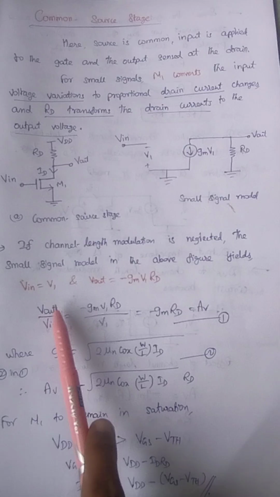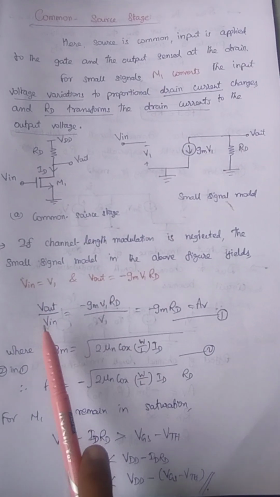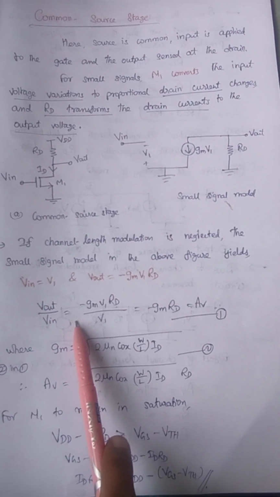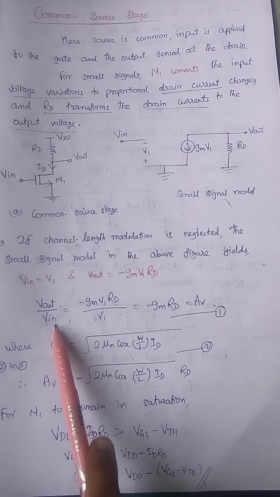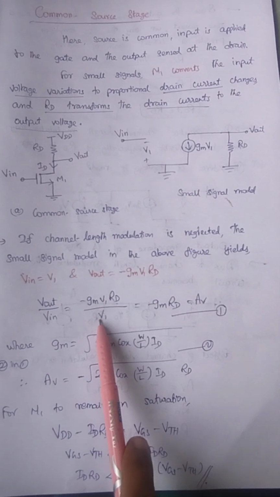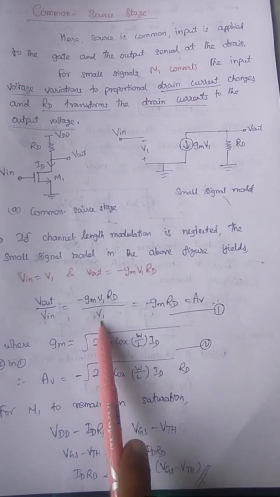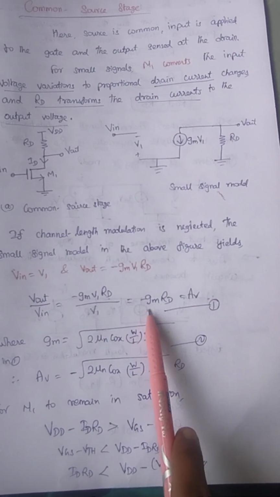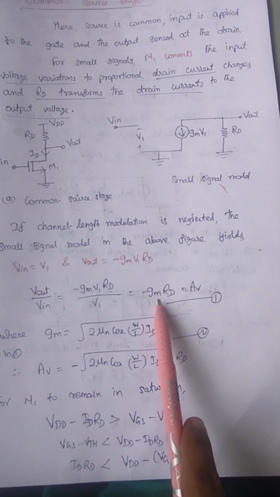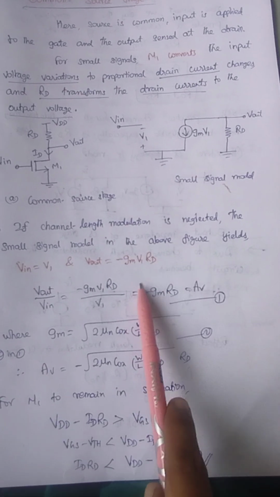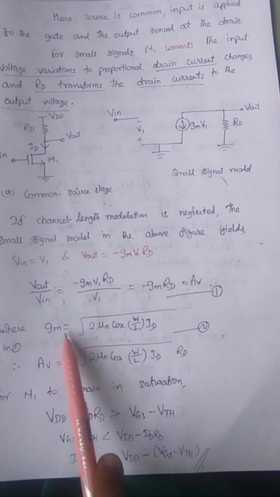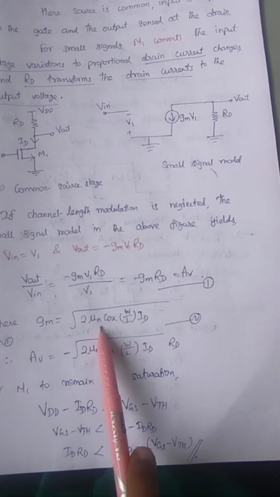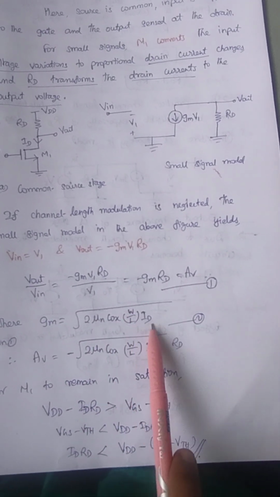So AV equal to output voltage by input voltage. This is the voltage gain. Vout equal to minus gm V1 RD, and Vin is equal to V1, so substitute here. V1 will be cancelled, and the remaining is AV equal to minus gm RD. This is equation number 1. Here gm has its own equation, the transconductance equation, gm equal to root of 2 mu n Cox W by L into ID.